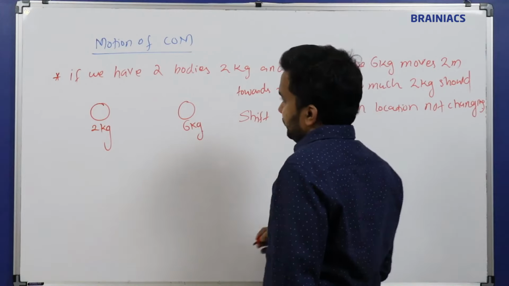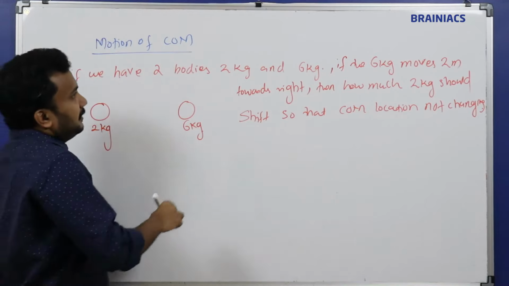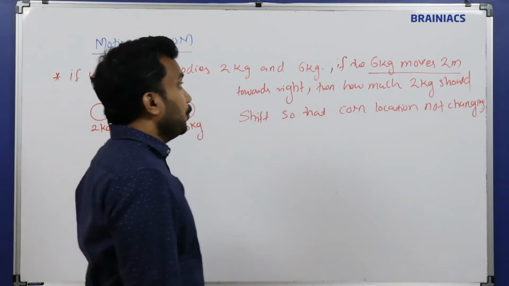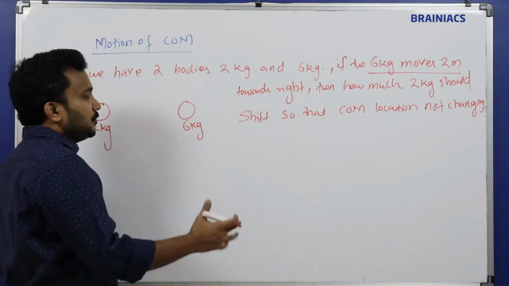Under this setup we have 2 kilogram and 6 kilogram bodies. It says the 6 kilogram body moves a distance of 2 meter towards the right side. Then it says the center of mass is not changing.